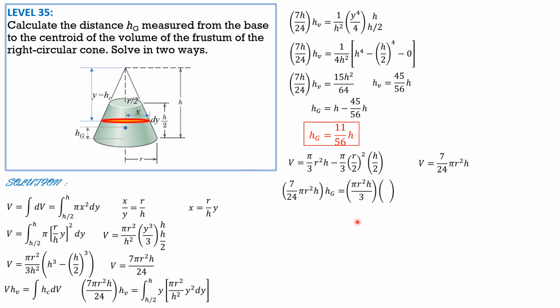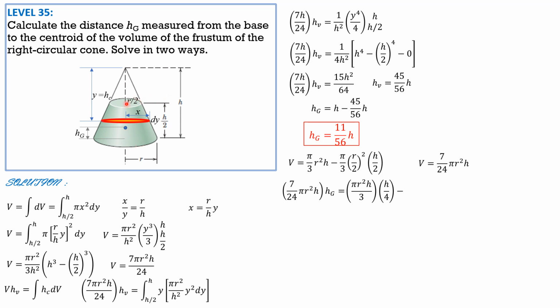So pi r squared h over 3 times h over 4, minus the volume of the small cone, which is pi r squared h over 24, and the distance of its centroid from the base is h over 2 plus 1/4 of the height, 1/4 of h over 2.